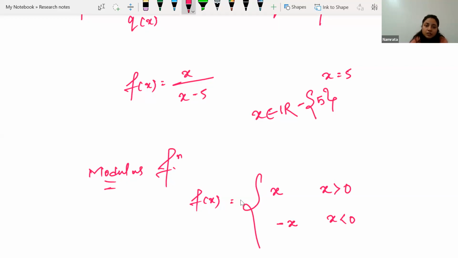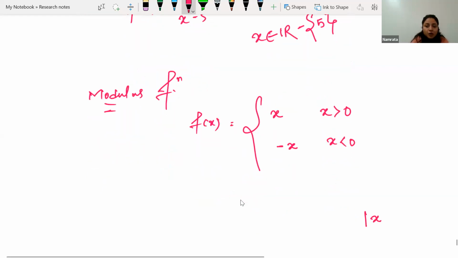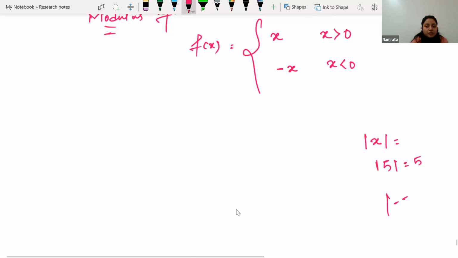You can understand that if we have the modulus of x, then whatever is inside the modulus, if 5 is there, the result will be 5. If there is negative 5, the result will be 5. So whenever we have a number inside the modulus which is smaller than 0, one more minus sign automatically comes out.